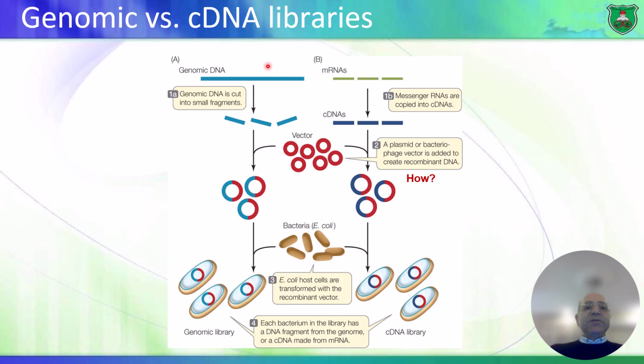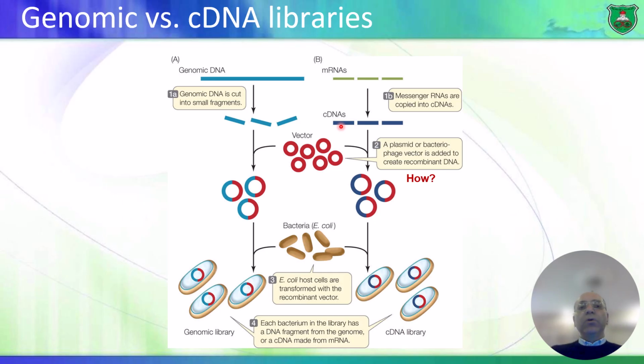Well, let's talk about the cDNA libraries then. cDNA libraries are created from messenger RNA. So here we're talking about expressed genes. We take the messenger RNA from cells, we convert them to complementary DNA molecules.